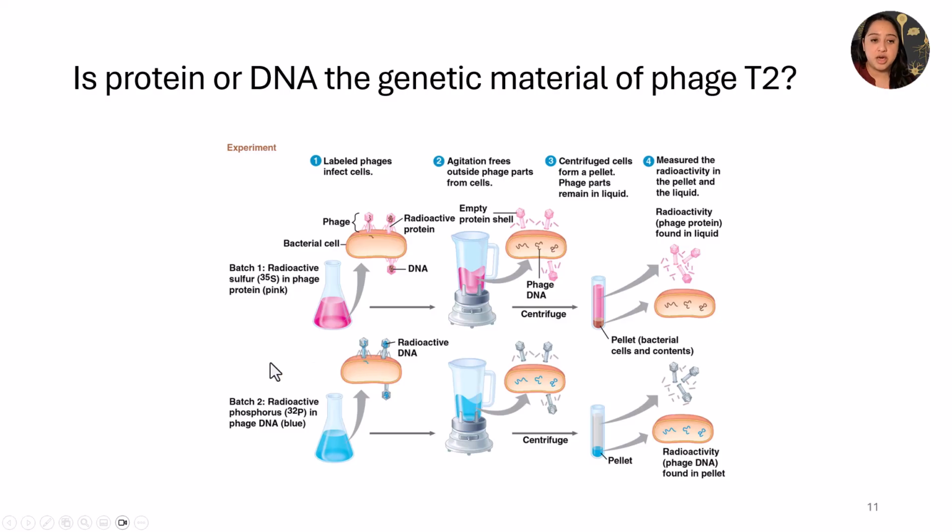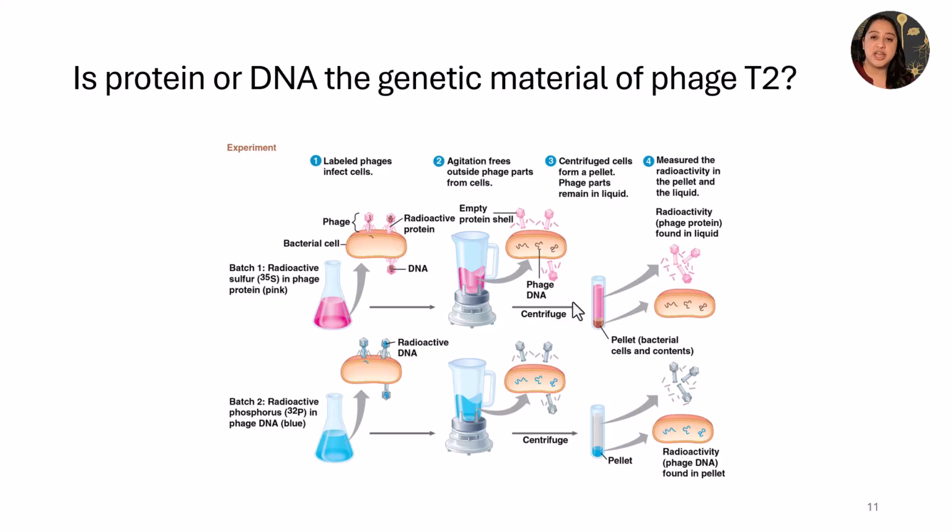On the top half, they're seeing protein, and on the bottom half, they're seeing whether it is DNA. On the top half, this is what would happen if this was the case. If the phage was injecting protein, then you would see protein inside of the cell. Then if you were to take all these bacteria cells that got infected and put them in a test tube and centrifuge them, spin them really fast, that pulls different things to the bottom at different rates.